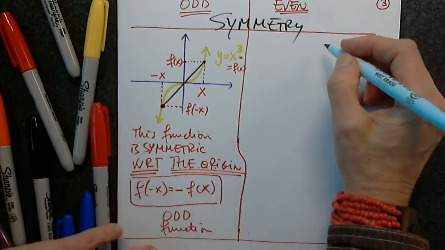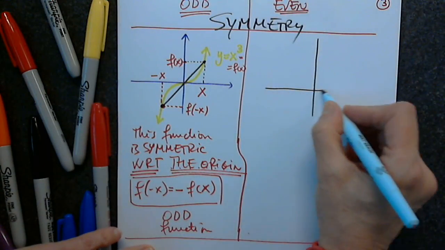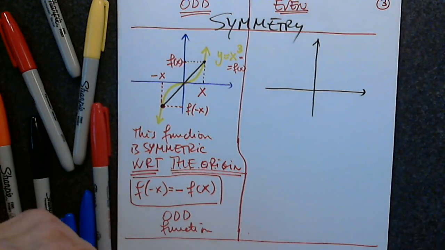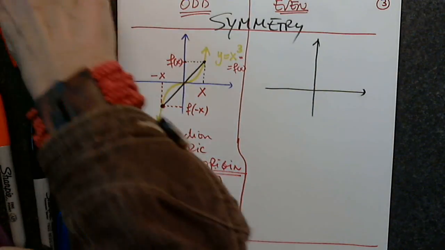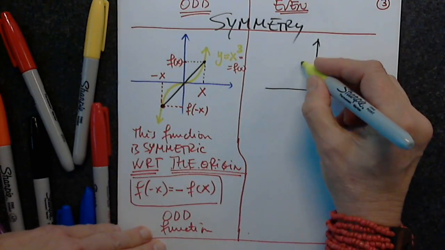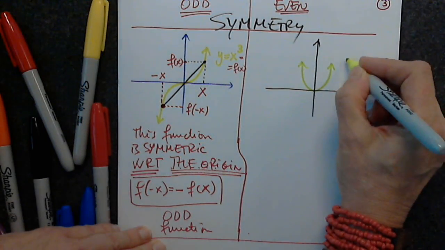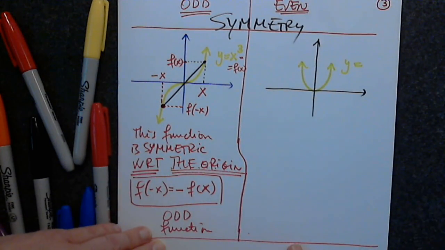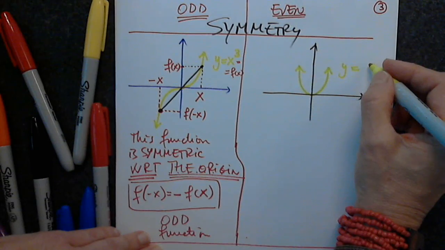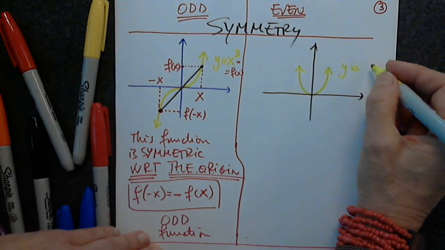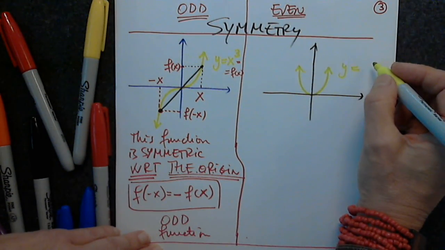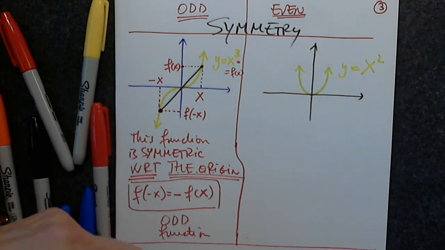So here's another function. This is a very well-known function, and if you could tell me what it is, that would be great. Anyone remembers this function? Very good, awesome.